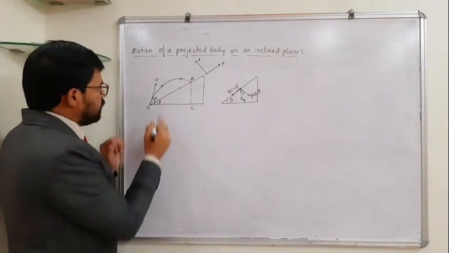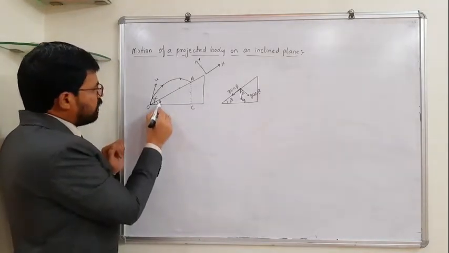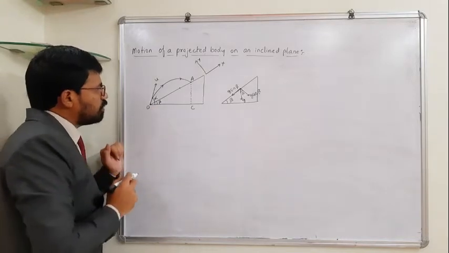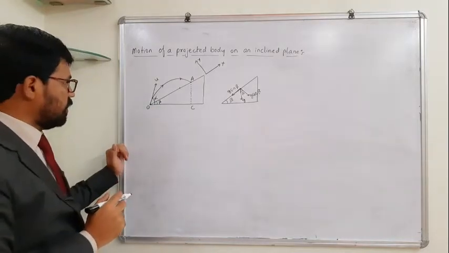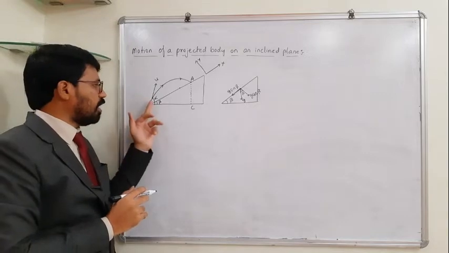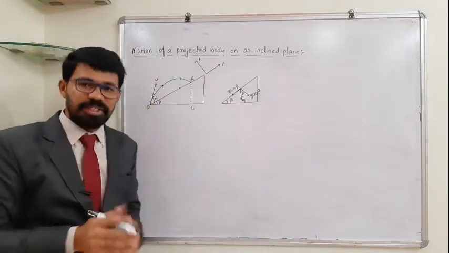Now see here, this is the angle of inclination of the plane, and this alpha is the angle with which the body is projected up the plane, and this angle alpha is the angle made with the horizontal.